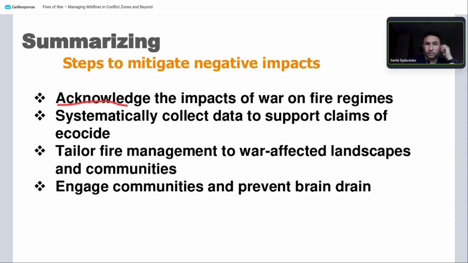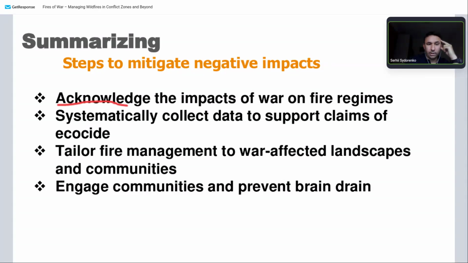But now we see a process where in high cabinets and high panels there are discussions that ecocide will be accepted as one dimension for reparation, for countries that do it.